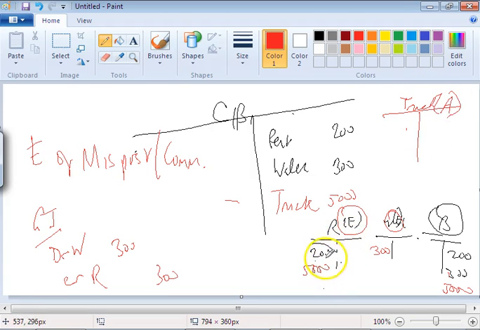So straight away, you have increased your expenses by 5,000. Remember that profit is income minus expenses. By increasing your expenses, you have reduced your profit by 5,000. The way to fix this is pretty simple: put 5,000 here and put 5,000 here.